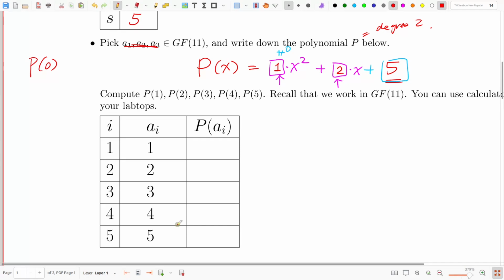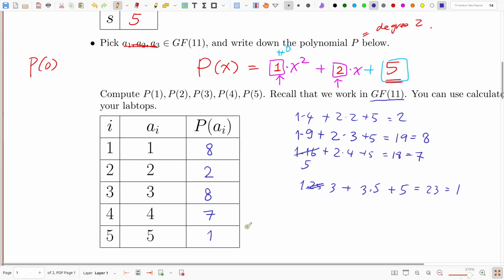So I evaluate this function P modulo 11. You should use a calculator or whatever, but you can do it by hand. So you plug in 1, so this will be 1 plus 2 plus 8. Okay, so these are the points.